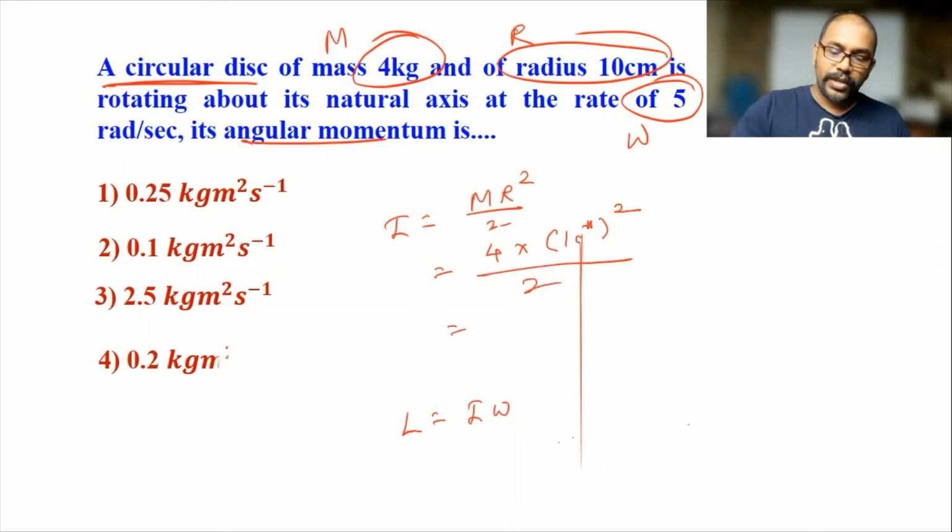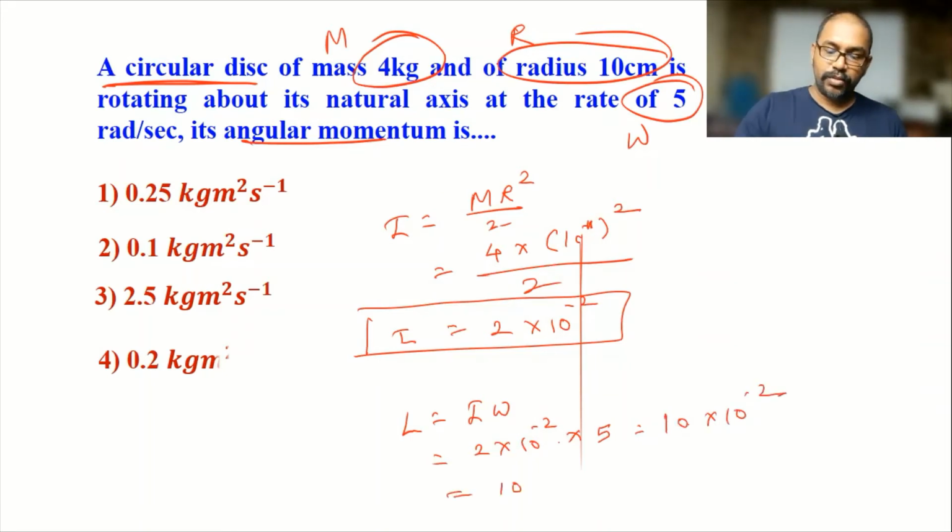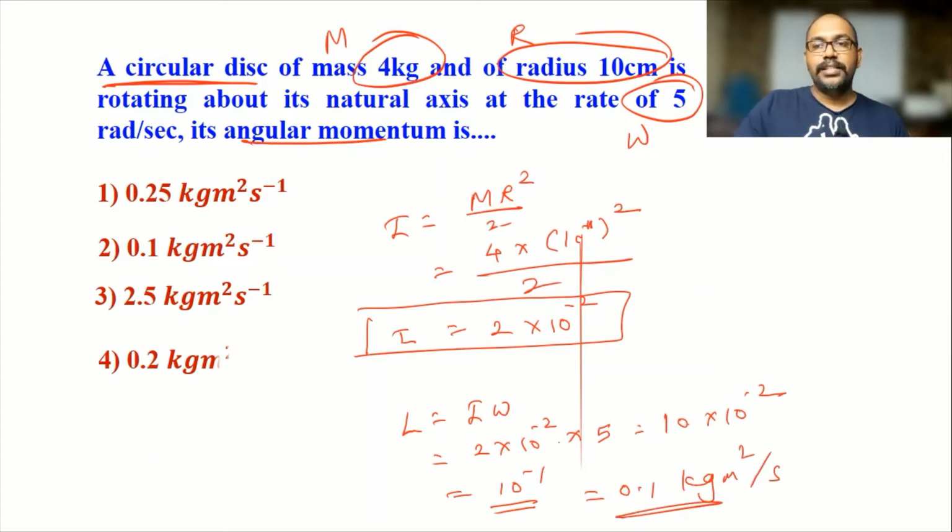Here 4 by 2 is 2, so 2 into 10 raised to minus 2 is the moment of inertia. Now we substitute: 2 into 10 raised to minus 2 into omega, which is 5. So 10 into 10 raised to minus 2 is 10 raised to minus 1, that is 0.1 kg meter square per second. It is written in option 2, so option 2 is the correct answer for this question.